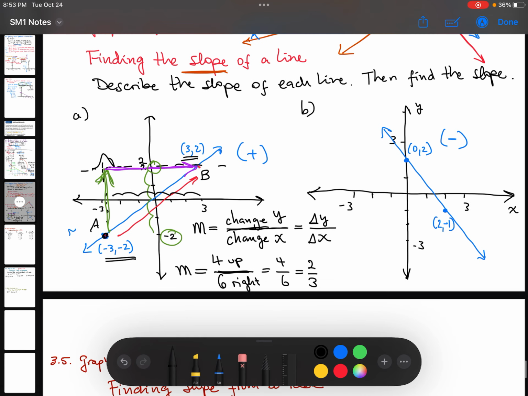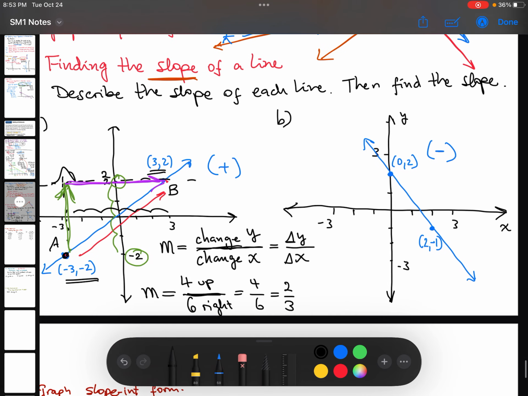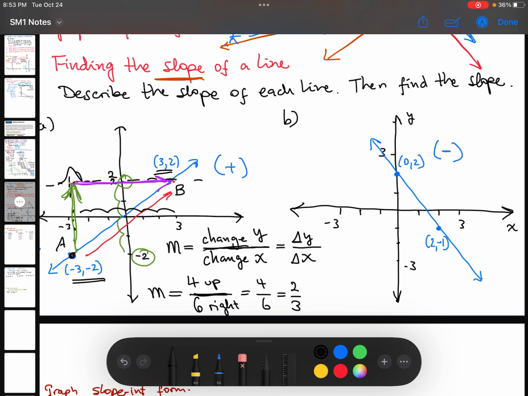Okay. Now what happens with this? Let me show you a different strategy. The slope is understood as the change of y divided by the change of x, right? And we're going to keep that in mind. But you can also do this. This is the same thing. Mathematically it is the position at the end minus the position at the beginning in y.